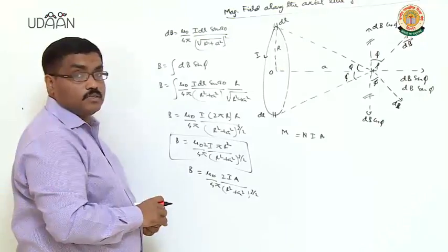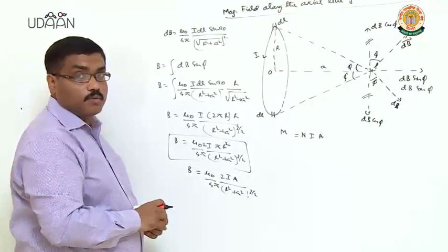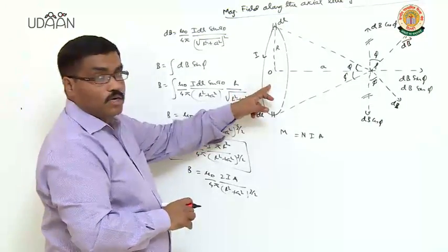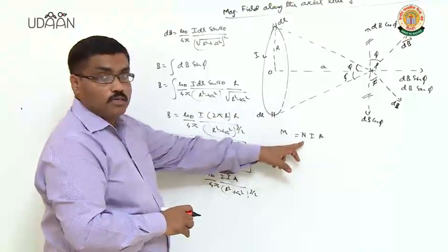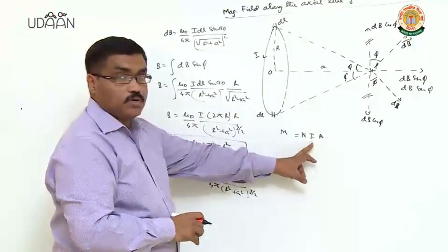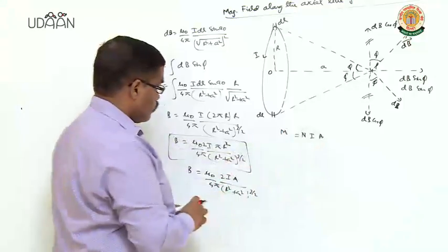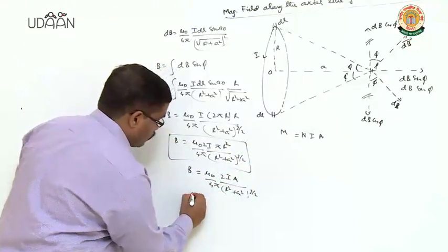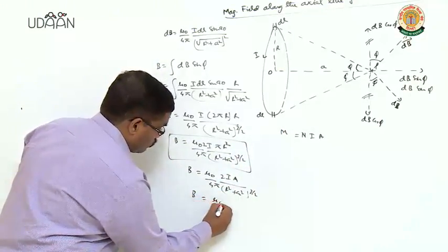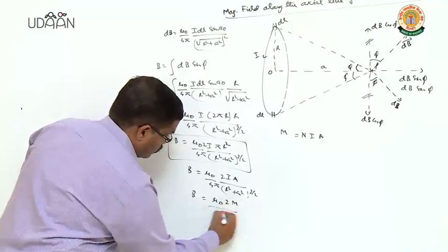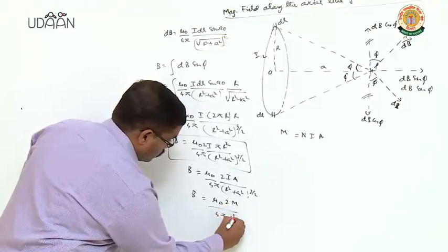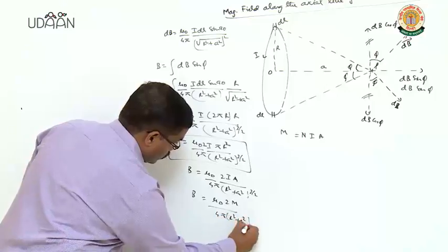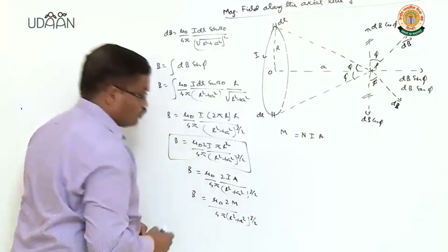N into I into A gives you the magnetic moment. Since we have only one turn, N is equal to 1, so the magnetic moment is I into A, and B can be written as B is equal to mu naught twice M divided by 4 pi, r square plus a square raised to power 3 by 2.